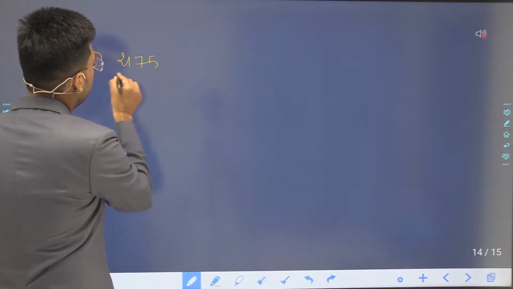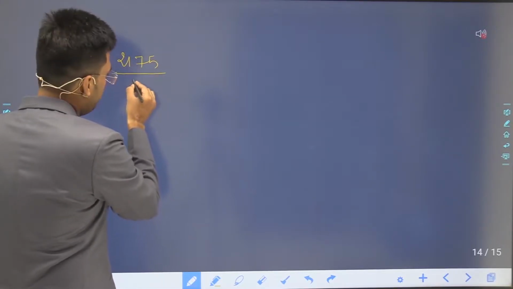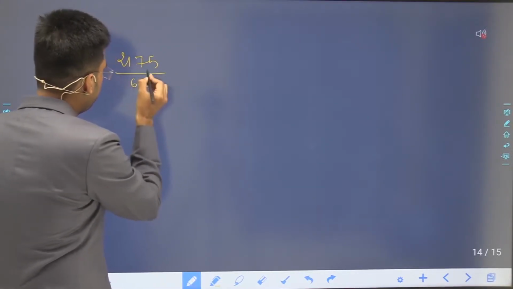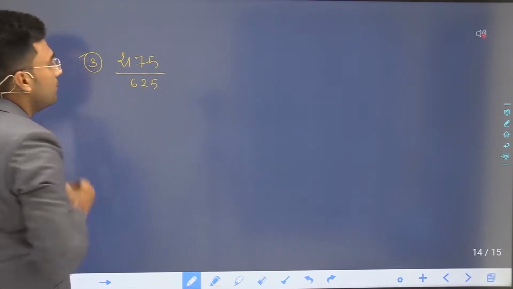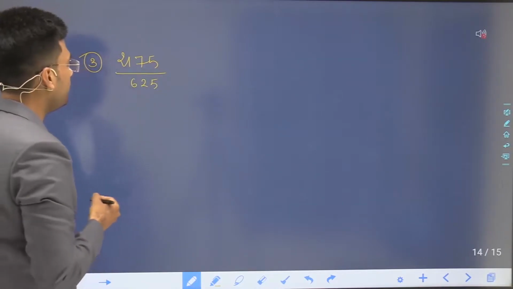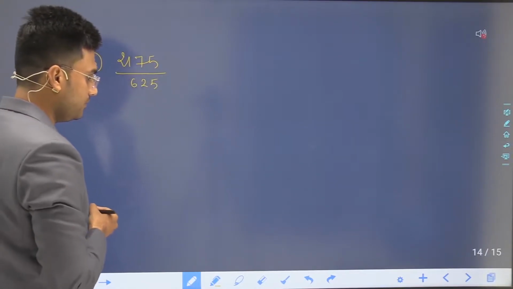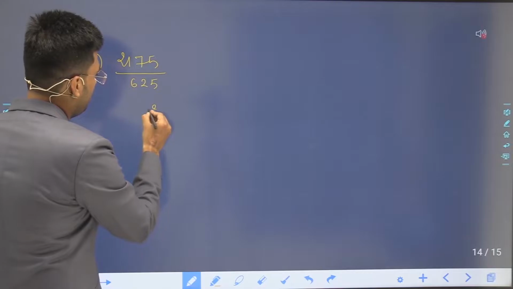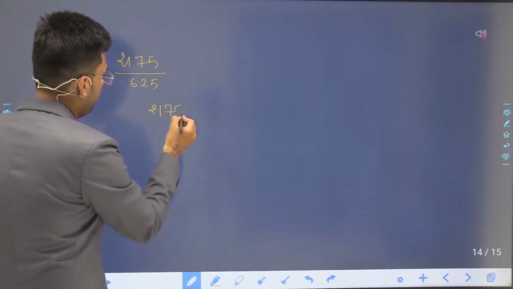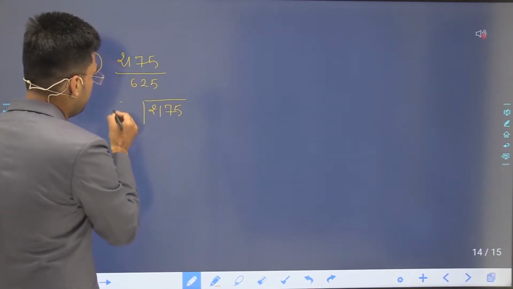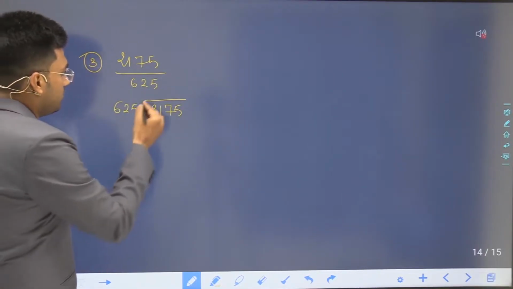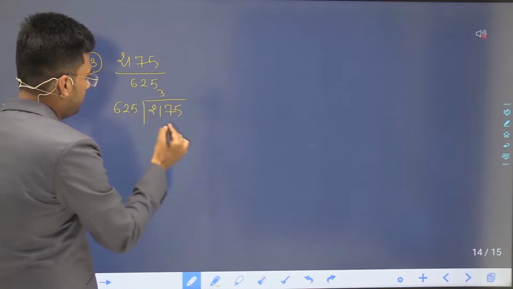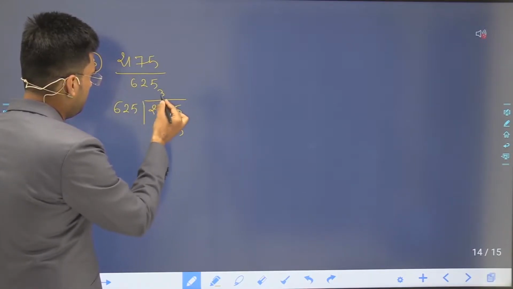2175 divided by 625. This is our next example, example 3. Again divide 2175 by 625. This goes 3 times, 1875.